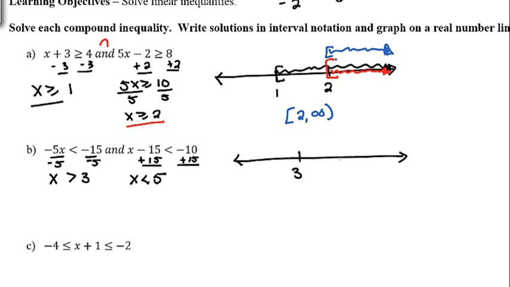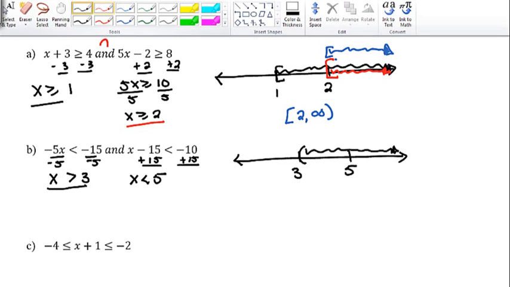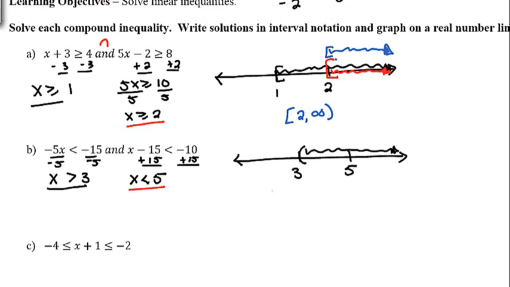So we'll put our two numbers on our number line, 3 and 5. The first one is x is greater than 3, and it's no equal sign, so we use a round bracket. And the next one is x is less than 5, so we use a round bracket. It's everything that's less than 5.